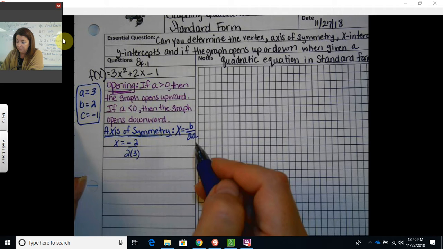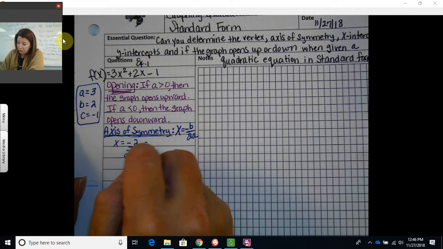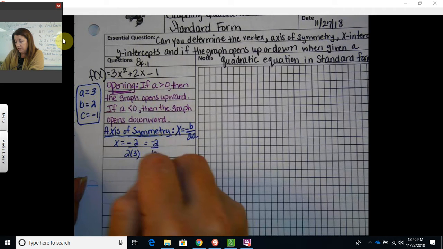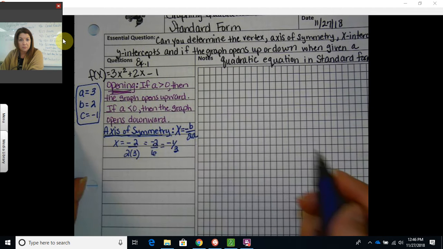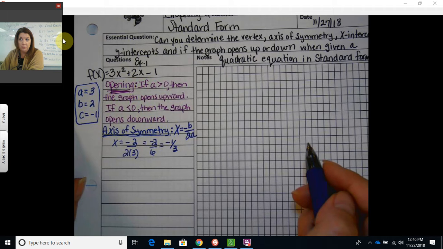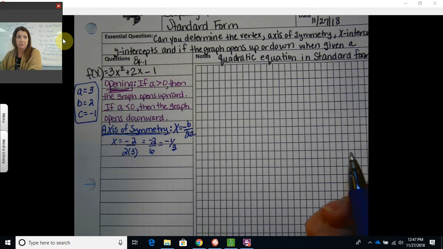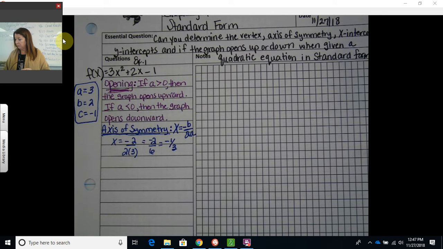So that's negative 2 divided by 6, which reduces to negative 1/3. So my axis of symmetry is going to be at x equals negative 1/3. And I'm going to find all of my parts, and then I'll go back and graph it. Okay? Next thing I'm going to do is I'm going to find the vertex.